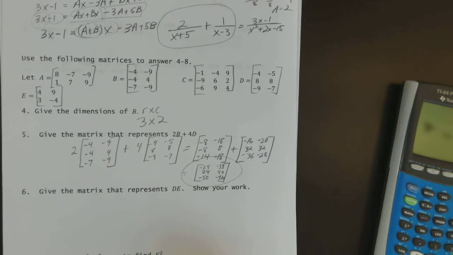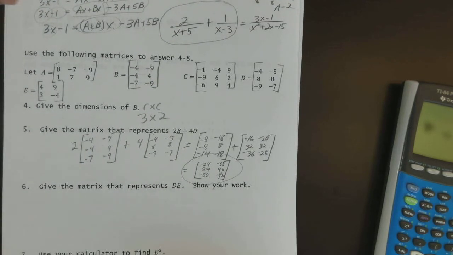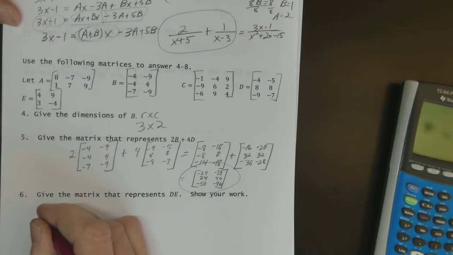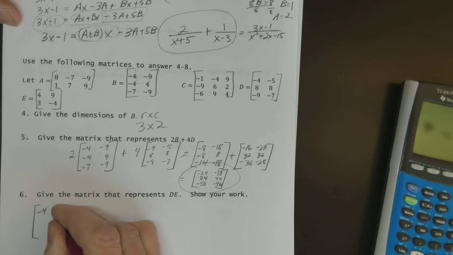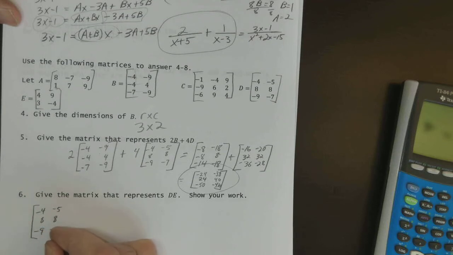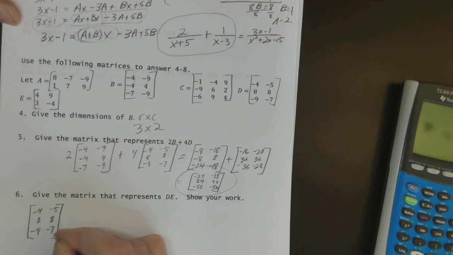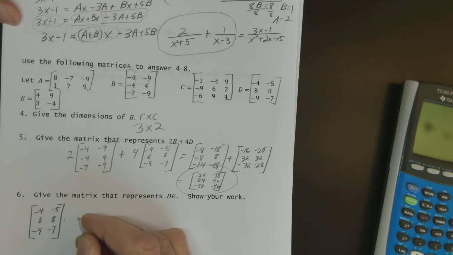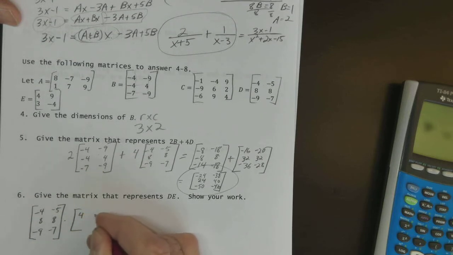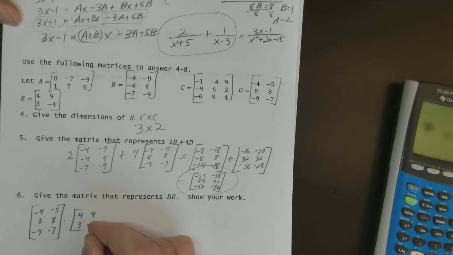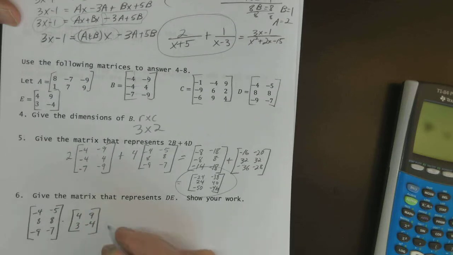All right, give the matrix that represents D times E. D, negative 4, negative 5, 8, 8, negative 9, negative 7. E, 4, 9, 3, negative 4.